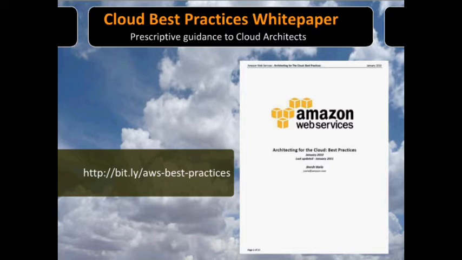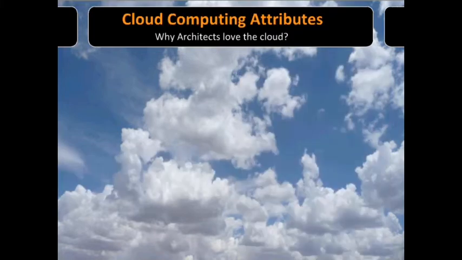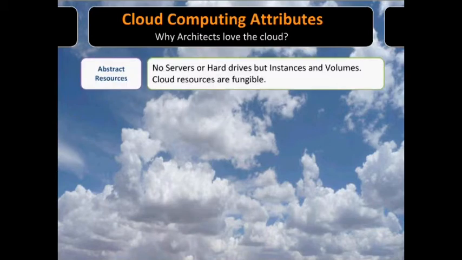With abstract resources, you think more in terms of virtualized entities, such as instances instead of servers and volumes instead of hard drives. Unlike the typical IT environment of the past, where you pretty much had a fairly small selection of different sizes and shapes and performance points and storage levels of the different components, you have a wide variety of different instance types and performance levels available to you in the cloud.